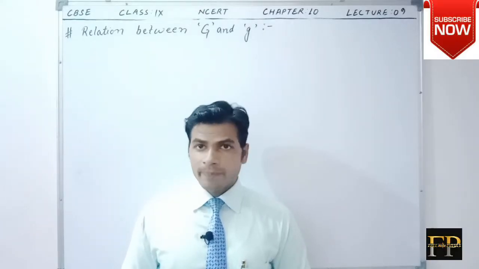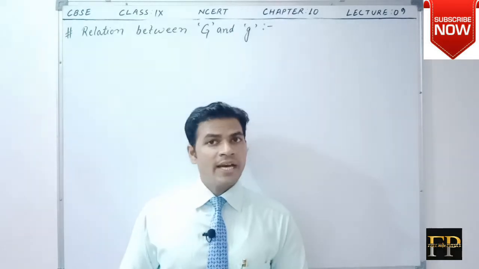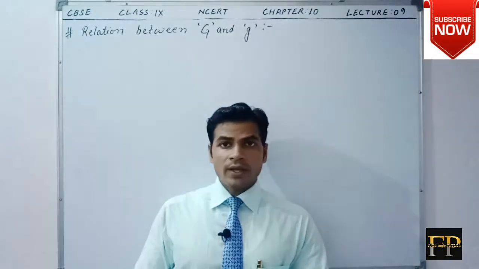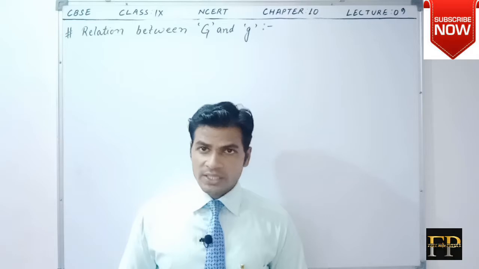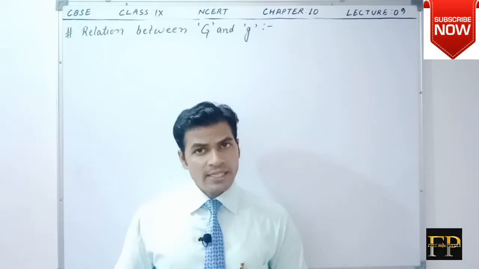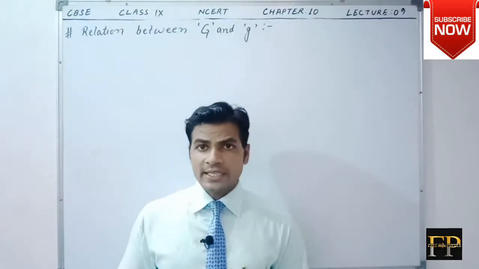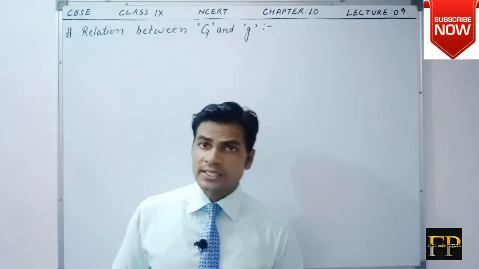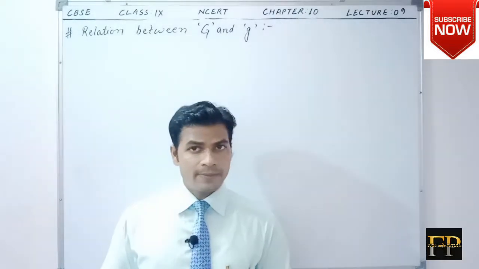Hello students, in the previous lecture we discussed that whenever an object falls towards the earth, a force is exerted on the object, and that force is the gravitational force of the earth.